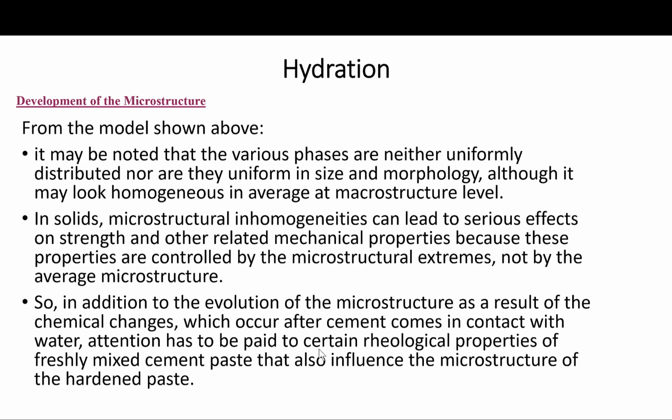For example, as will be discussed later, the anhydrous particles of the cement have a tendency to attract each other and form flocks, which entrap large quantities of mixing water. So obviously, the local variations in water-cement ratio would be the primary source of the evolution of the heterogeneous microstructure.